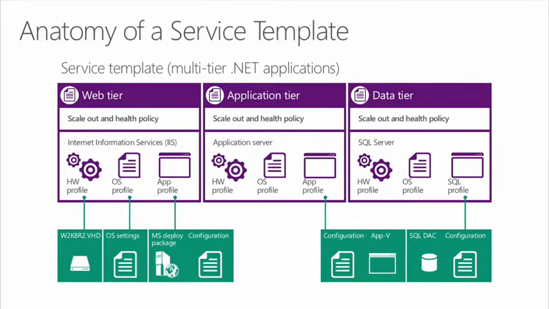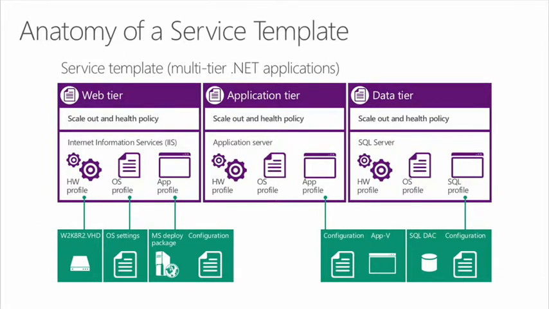And that tier has specific components associated with it. It has a hardware profile and a VHD, so it has the hard drive of the VM, and that's a VHD image that's usually stored in the library. It has an OS profile, what are the domain credentials, what's the information inside of there.